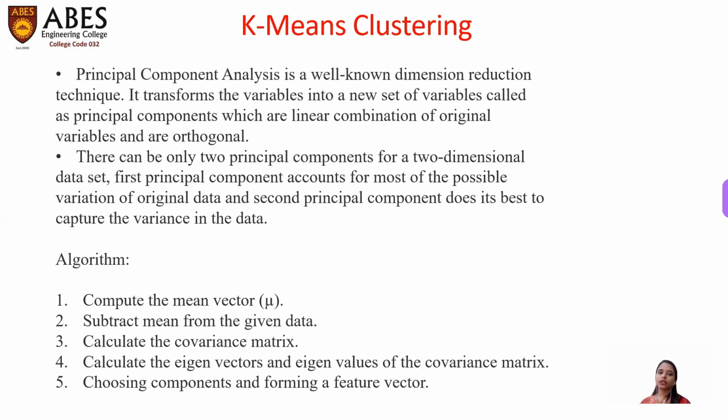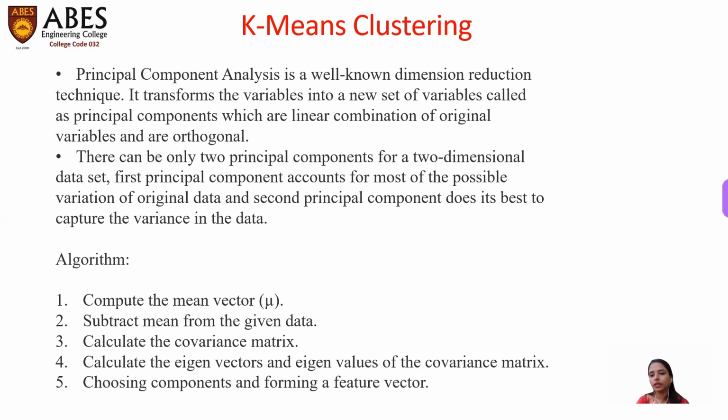Then after calculating the covariance matrix, we calculate the eigenvectors and eigenvalues. Then we choose our principal components on the basis of the eigenvectors and eigenvalues. Then after the calculation of the eigenvectors, we map our data points according to the calculated eigenvalues.